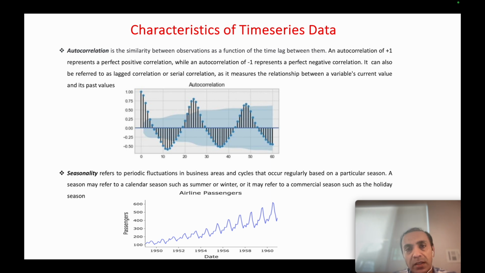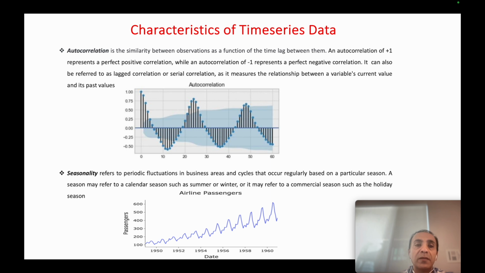So what are the characteristics of time series data? Number one characteristic is autocorrelation, which is the similarity between observations as a function of the time lag between them. An autocorrelation of +1 represents a perfect positive correlation, while an autocorrelation of -1 represents a perfect negative correlation.